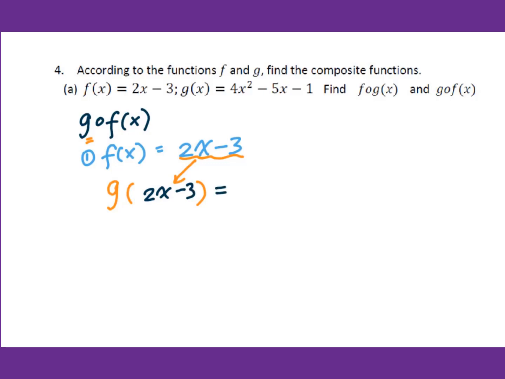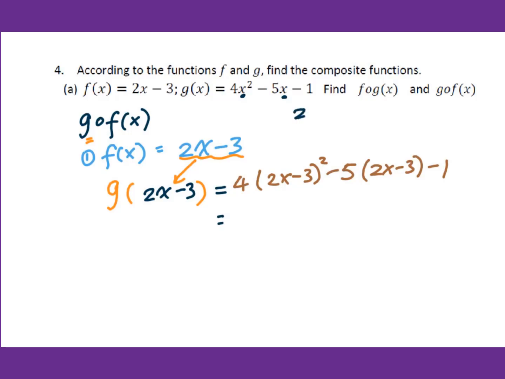G of 2x minus 3 means every single x in g function, all these x turn into 2x minus 3. So we got 4 times 2x minus 3 squared, minus 5 times 2x minus 3, that minus 1.